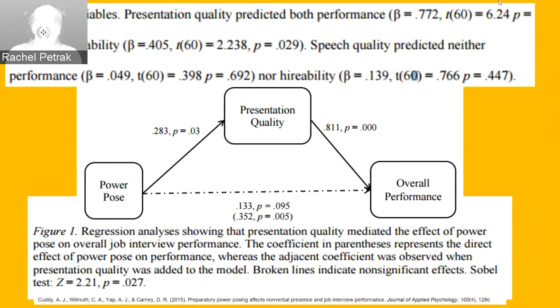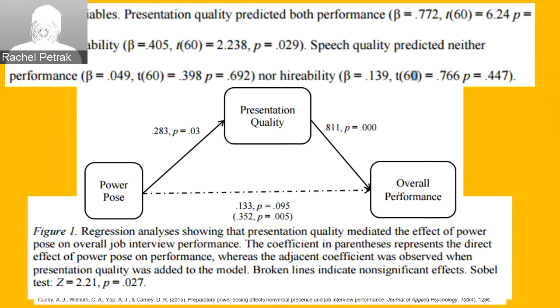These other values, the t-test, we'll get to that. But here you can see that the regression coefficient is pretty high when we look at presentation quality. Here we have presentation quality and its prediction of performance.